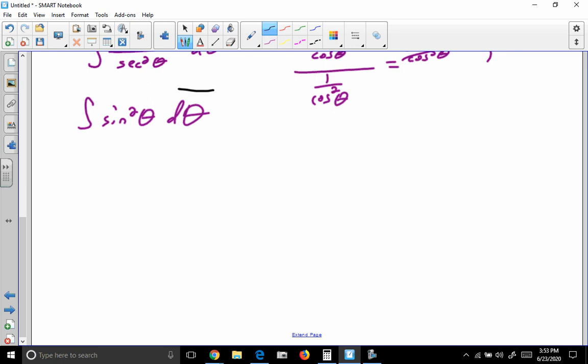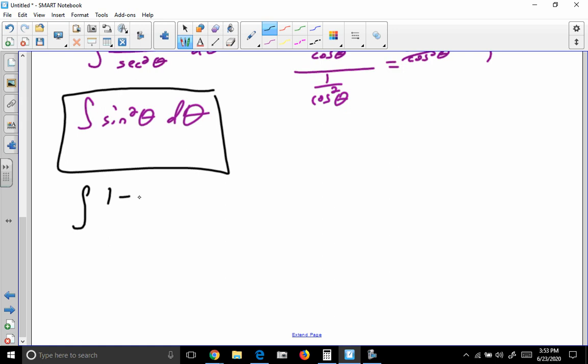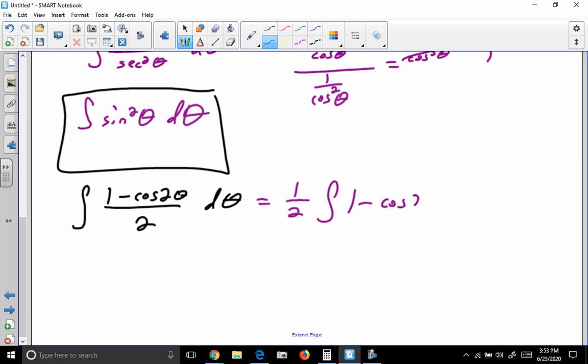So now the question becomes, how do we integrate sine squared theta d theta? So in section 3, that is equivalent to 1 minus cosine of twice the angle over 2 d theta. So that 2 we pull out front on bottom, and then we integrate 1, and we integrate cosine 2 theta.